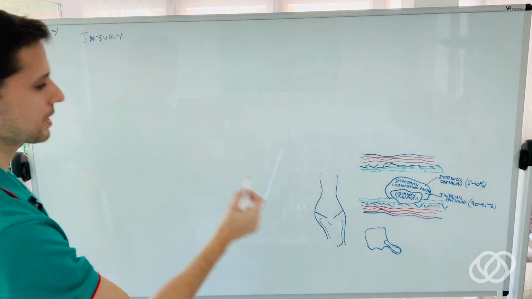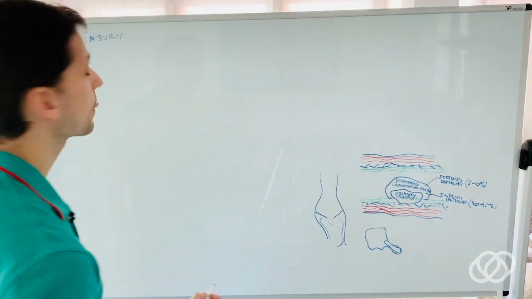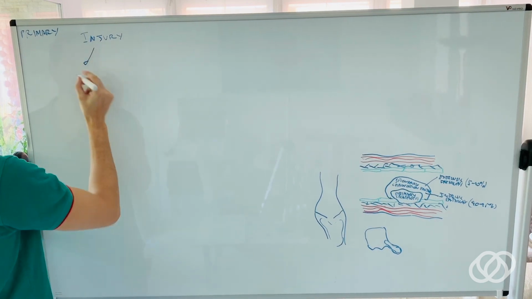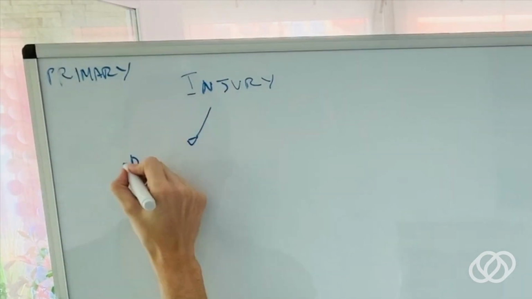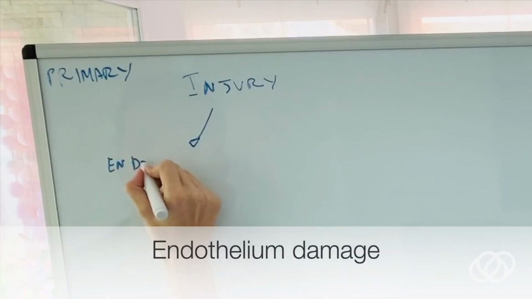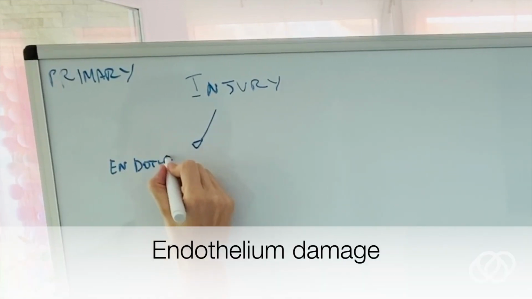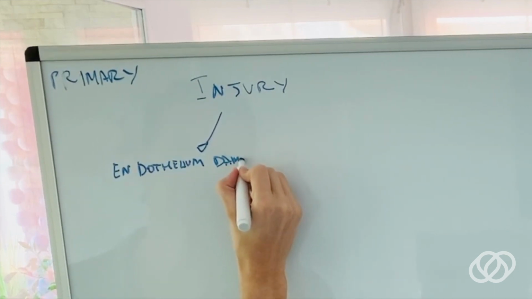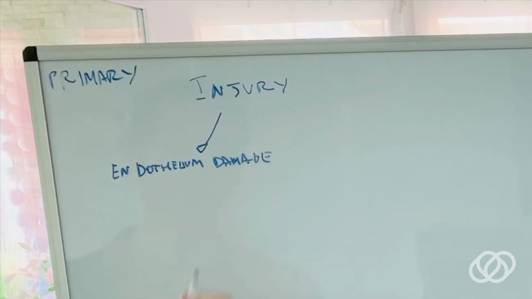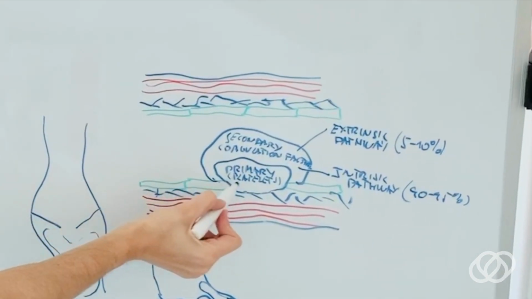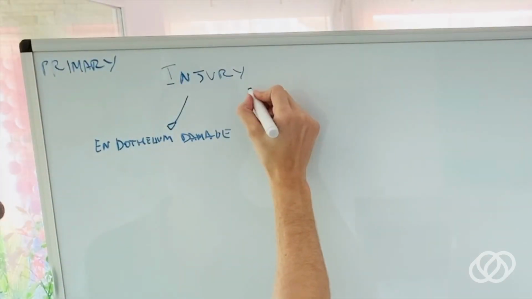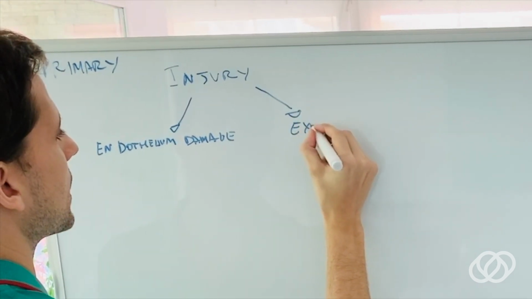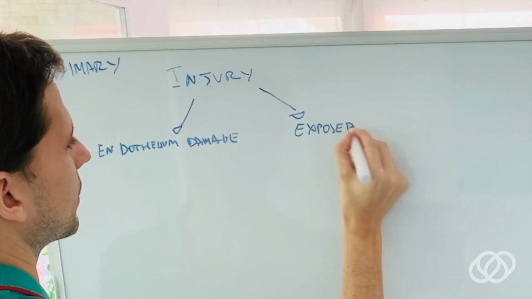In the injury that we have here, we are going to have two things: endothelium damage. This green layer is damaged, and then we are going to have exposed collagen.